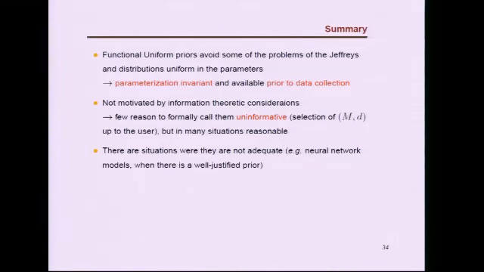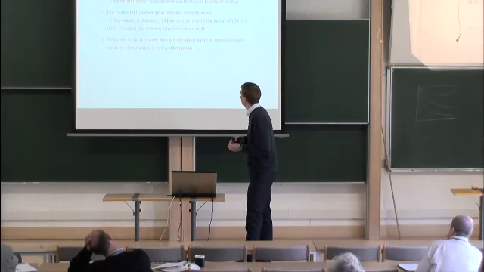I think in this nonlinear regression setting, if you use a certain nonlinear model, then you believe that one of the shapes is the true one, but which one is the true one you don't really know. So I think it's a reasonable assumption for nonlinear regression. And I would also like to mention that obviously there are situations where this is not adequate. First of all, where you have a well justified prior, of course, but also if you have a very flexible nonlinear model, you might not really want to cover all of the shapes.